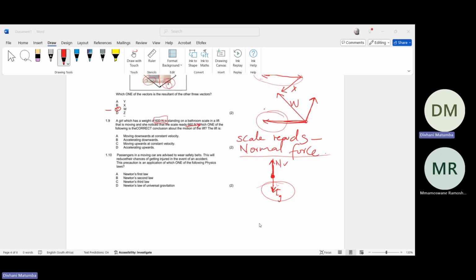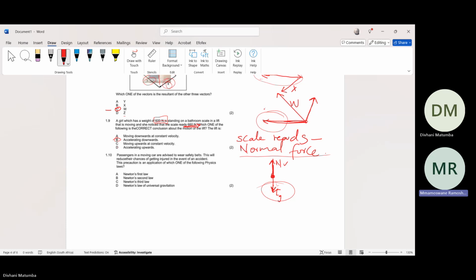Which one will give you more pressure on the feet? When you're moving upwards, you'll feel more pressure on your feet compared to moving downwards. Hence, B is not correct. If you feel a lot of pressure on your feet, your scale will be squashed even more, and the reading will increase to 660.